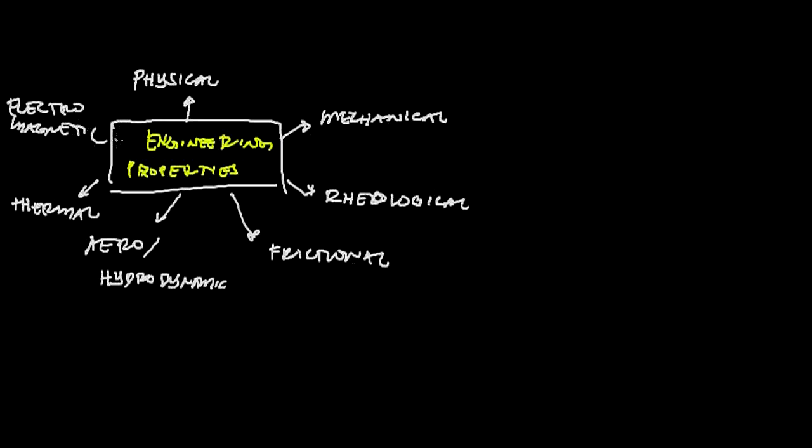There are other engineering properties, but we will be discussing more of these mentioned properties. When we say engineering property, it is any attribute that may affect the processing or handling of our material, especially the AB materials.